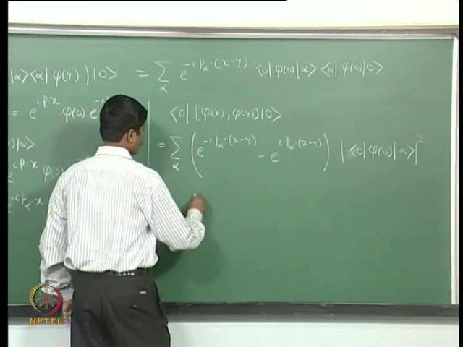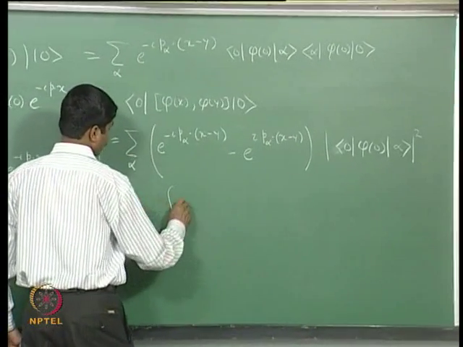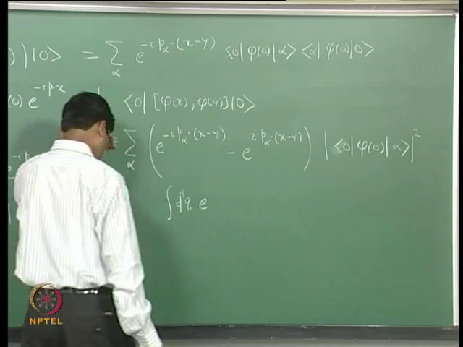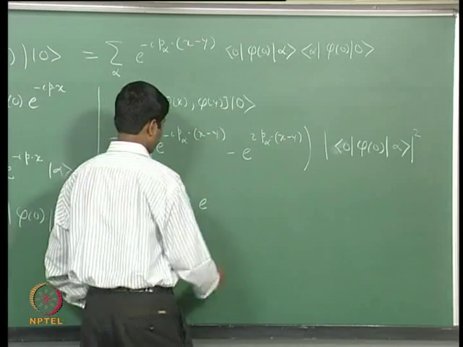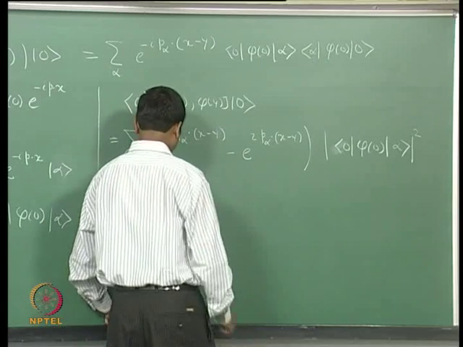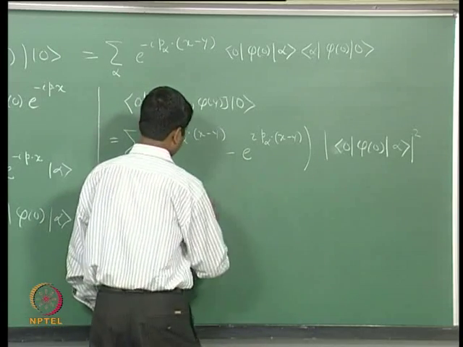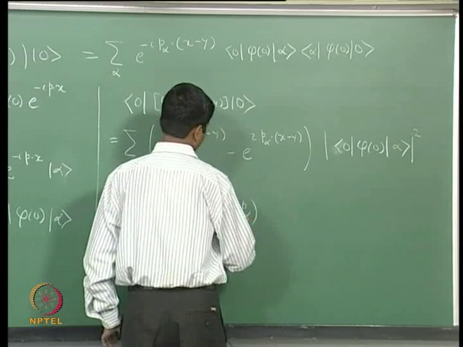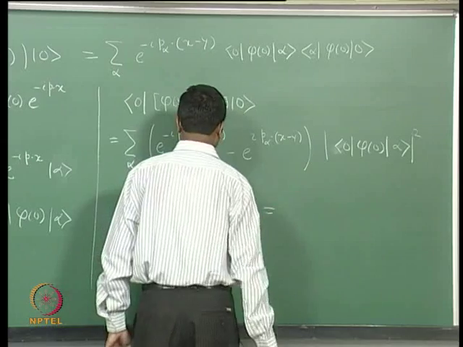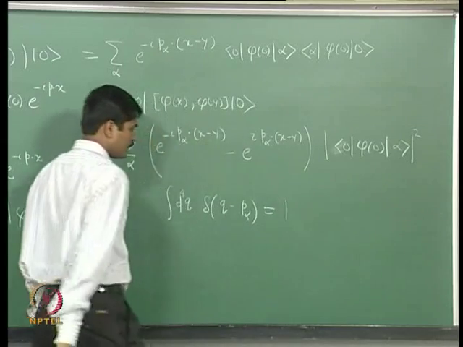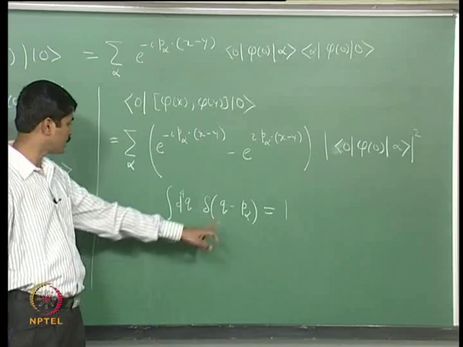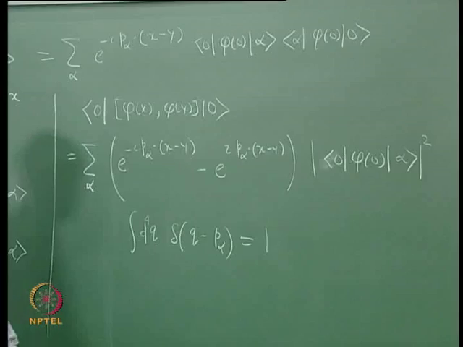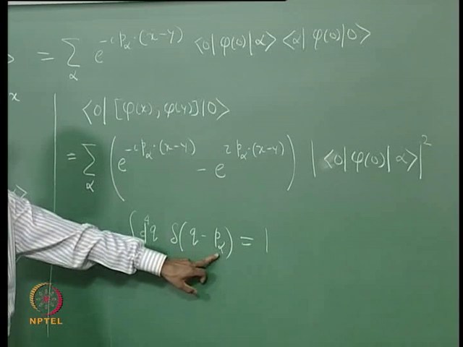Let us introduce this identity operator, which is integration d4 q delta of q minus p alpha, the 4-dimensional delta function, equal to 1. Of course, this is a trivial identity, it follows from the definition of the delta function. This is true for any value of p alpha.